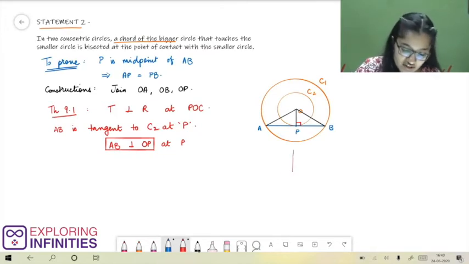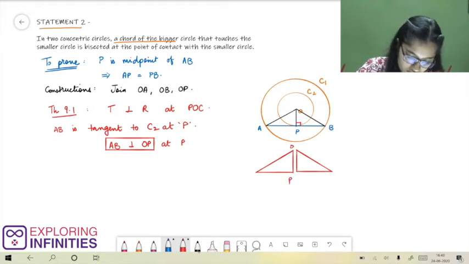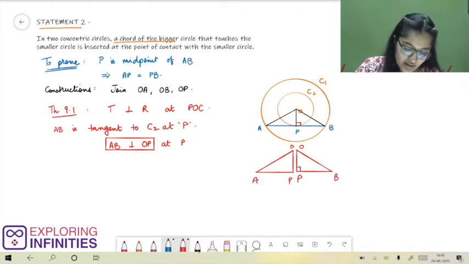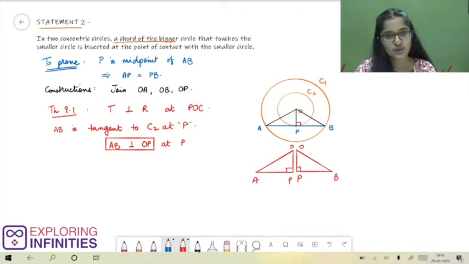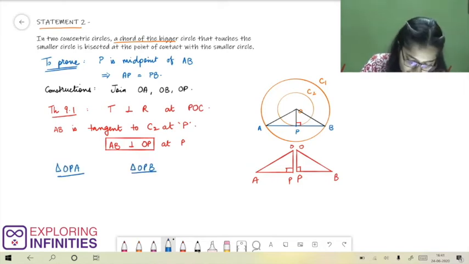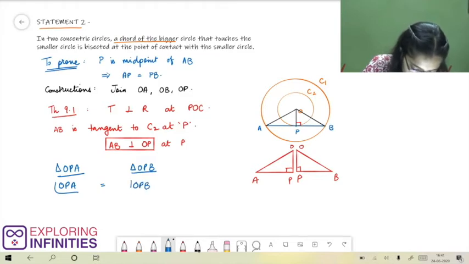One of them is triangle OPA and the other is triangle OPB. We know that angle OPB and angle OPA are equal to 90 degrees. So the equal angles in these triangles are angle OPA equal to angle OPB equal to 90 degrees.